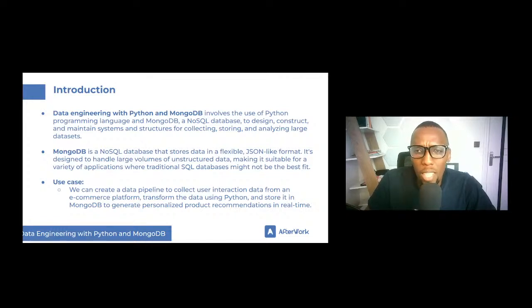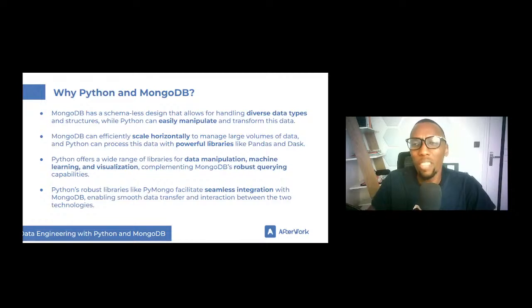Just to give you a good example, I gave you two examples. So generally, why we would want to use MongoDB as well as Python would be because we might want to have a design of a data source that does not necessarily take into consideration the structure of data.